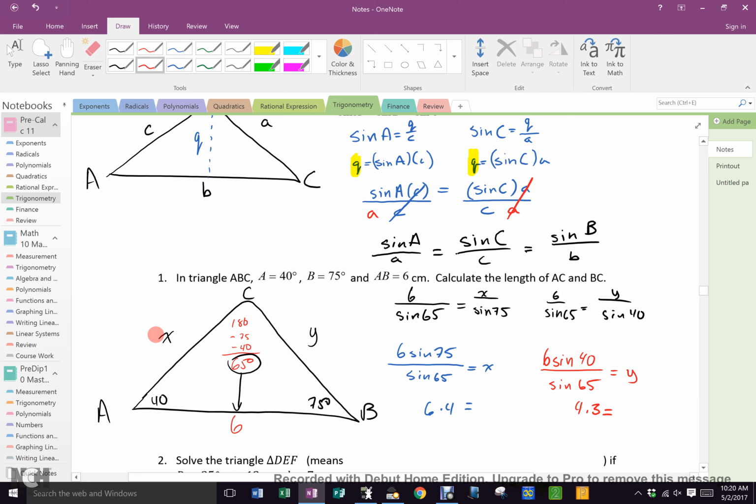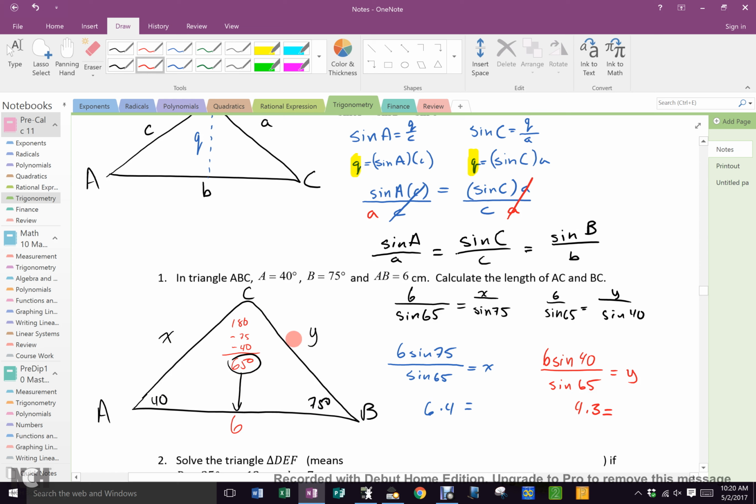How do I know that's over here? What in my triangle proves that? Is that the longest side? And is it across from the biggest angle? 65 and 6. Is that the middle angle? Across from the middle side. 40, smallest angle, across from the smallest side.